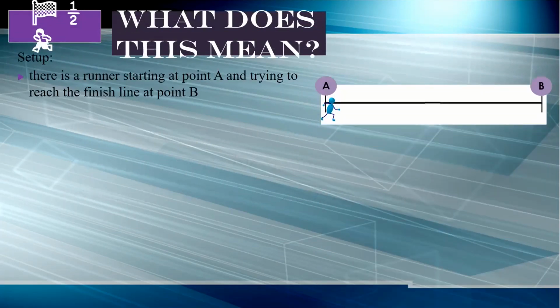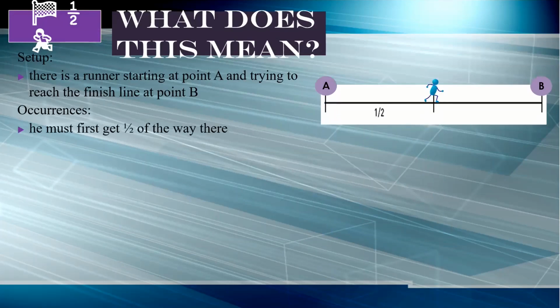To describe this, we have a runner, again, in a race, trying to get from point A to point B. And when we send him off, here's what happens. This is similar to Zeno's first paradox in dealing with halfway markers and traveling distances.